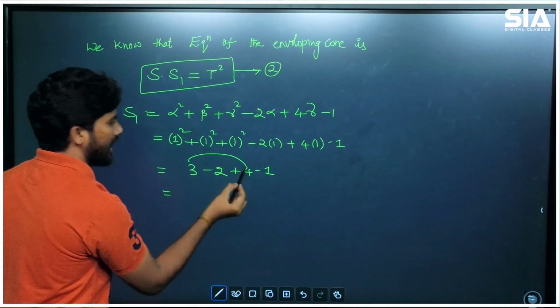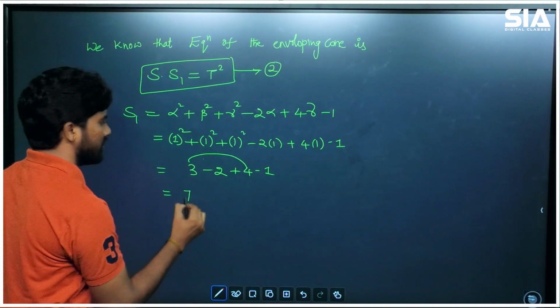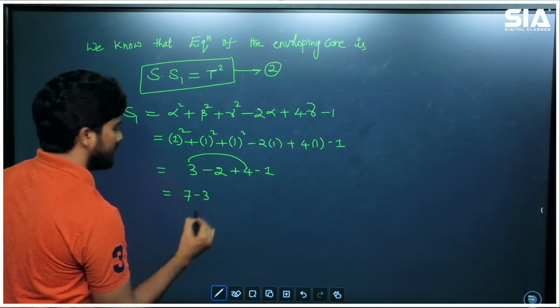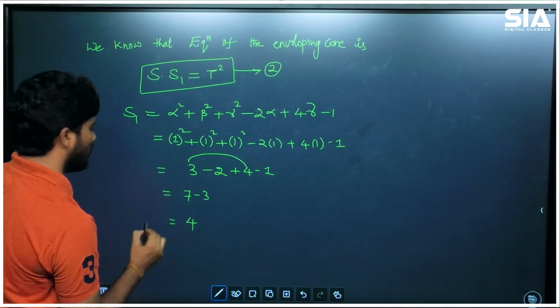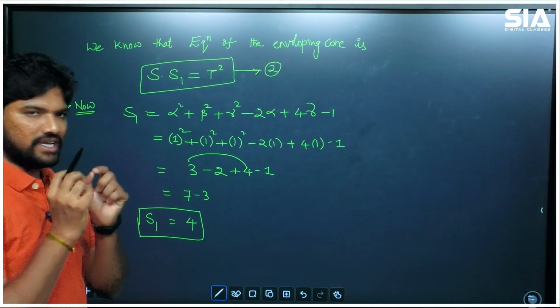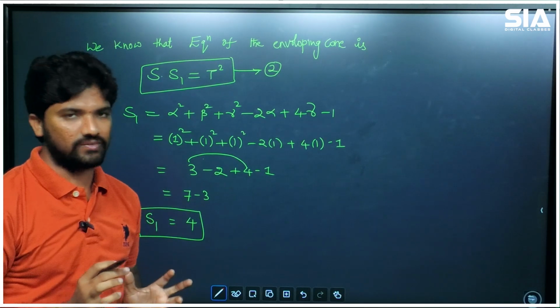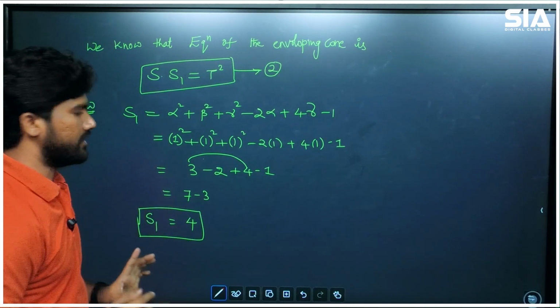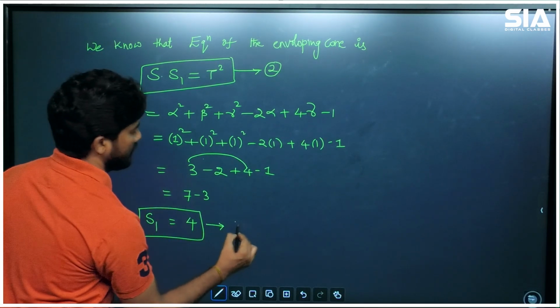First add 3 plus 4, which is 7. Minus 2 minus 1 is minus 3. 7 minus 3 is 4. Therefore the S1 value is 4. Just remember, S suffix 1 is always a constant value. S suffix 1 is completed. Take it as equation number 3.